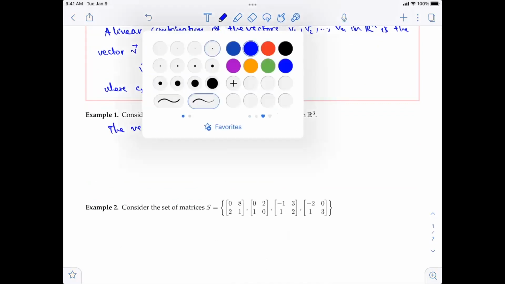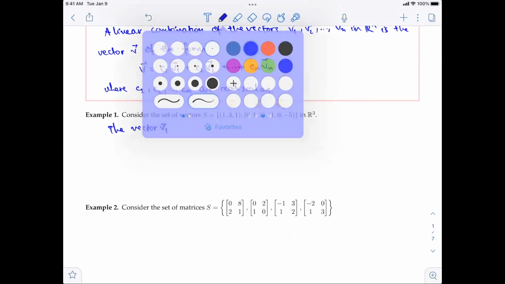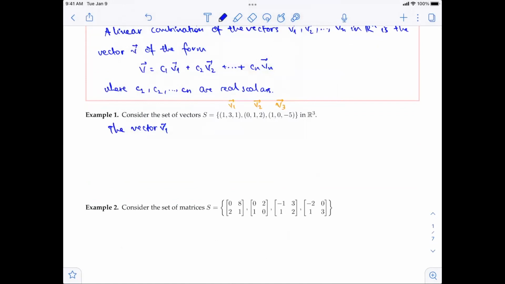Let me denote that this is vector v1, this is vector v2, and this is vector v3. So the vector v1 can be written as a linear combination of vectors v2 and v3 as v1 is equal to 3 times v2 plus v3.